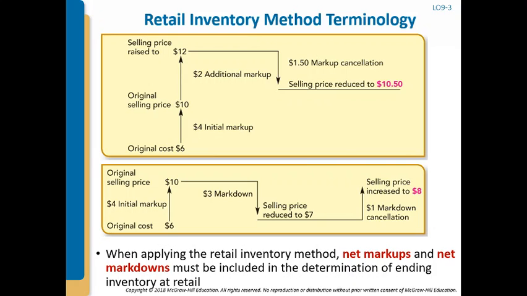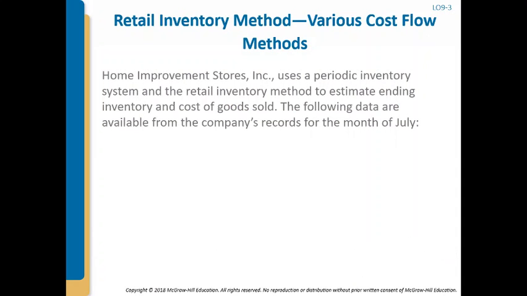And in that second example, you've got a net markdown of $2. And so that's what you would have to include in your determination of ending inventory at retail.